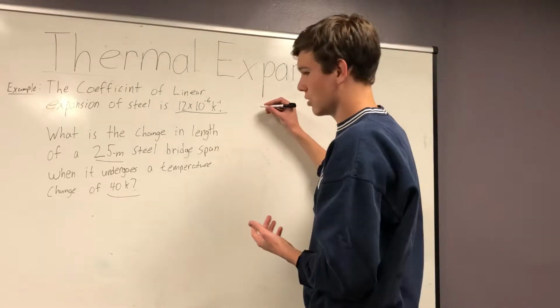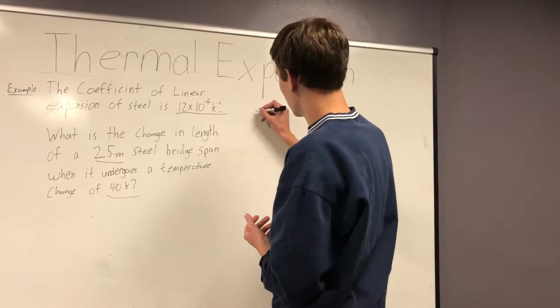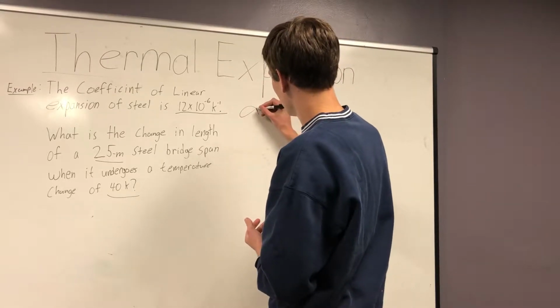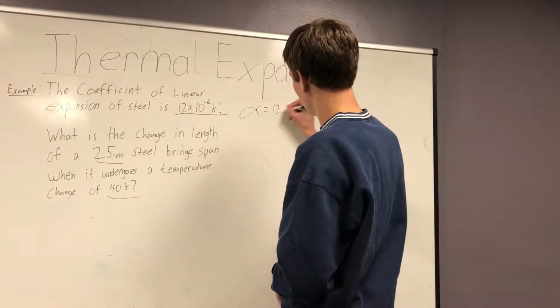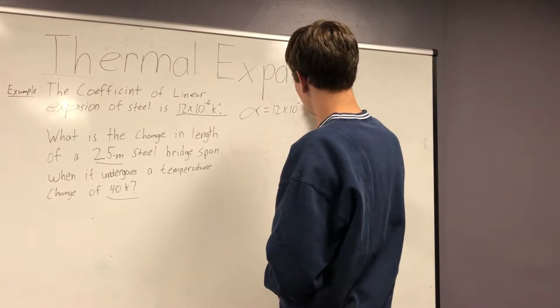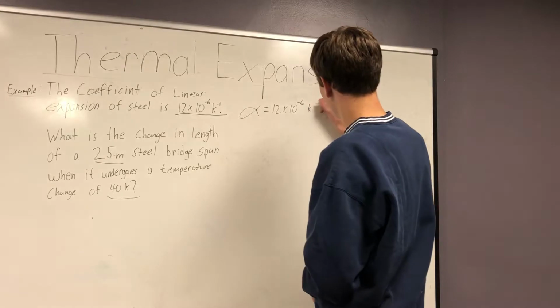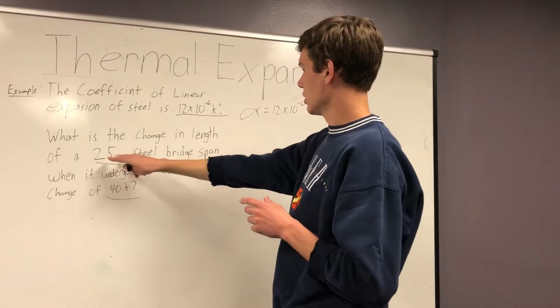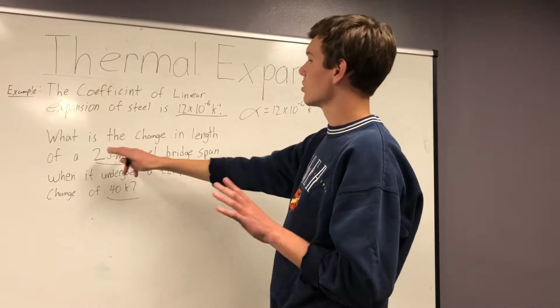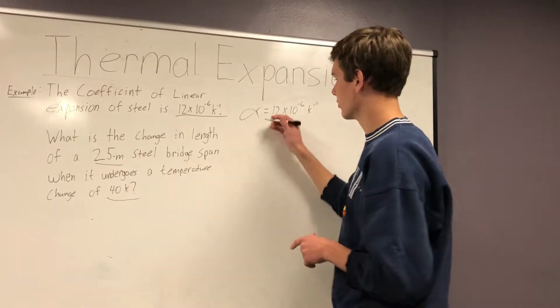So the variables that we know here are going to be the coefficient of linear expansion of steel, which is equal to 12 times 10 to the negative 6th 1 over Kelvin. And then we also know that the length of the steel bridge is 25 meters.